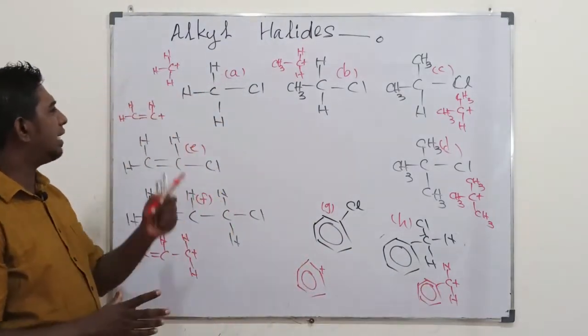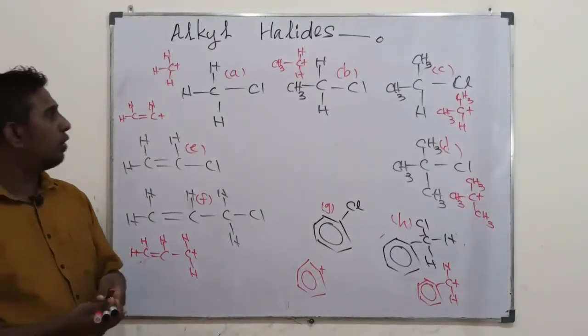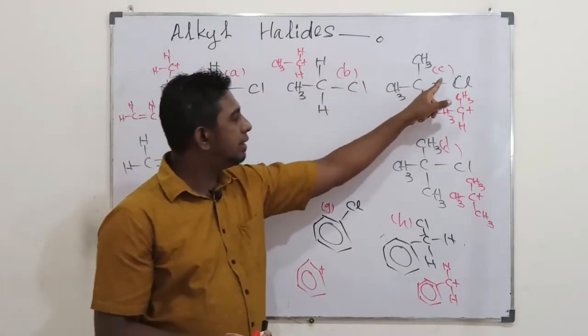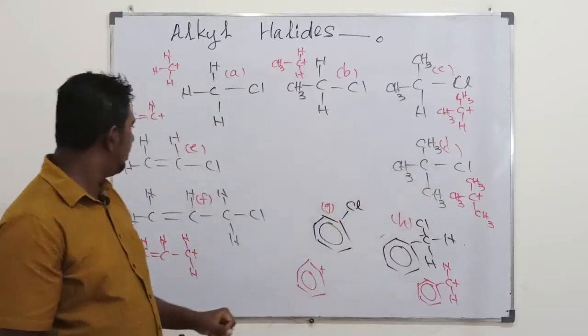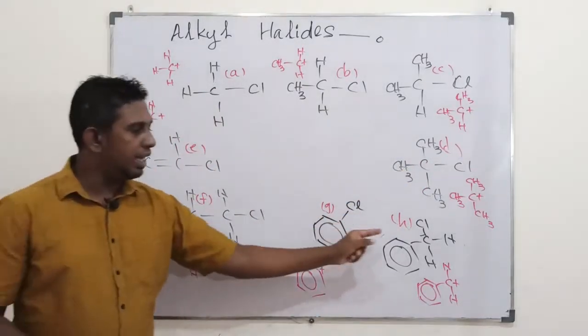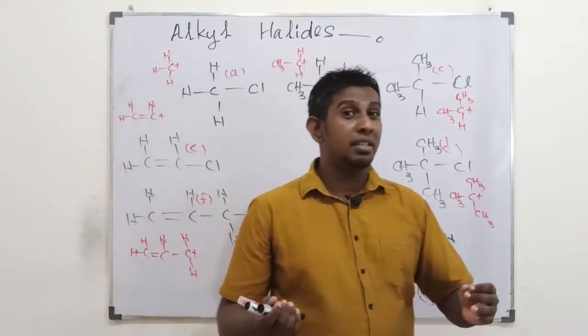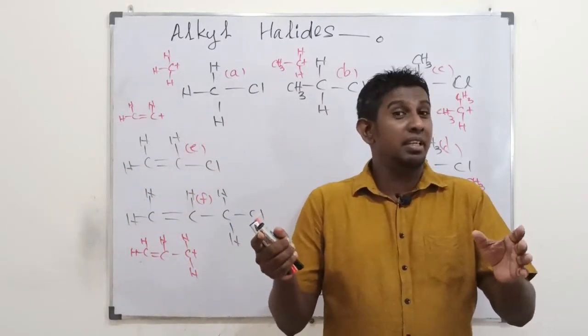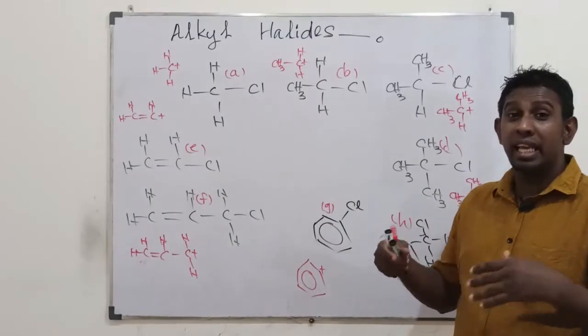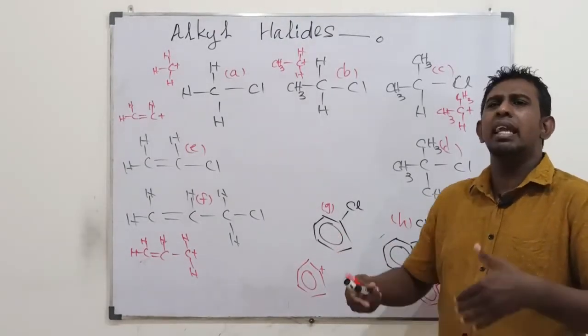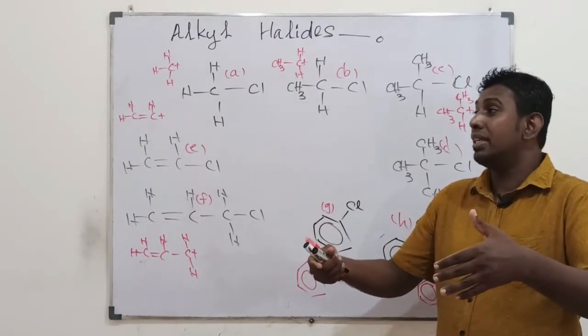These are the carbocations you get, standing for A, B, C, D, E, F, G, H. So we are not interfering in their leaving. We let them leave as they want.